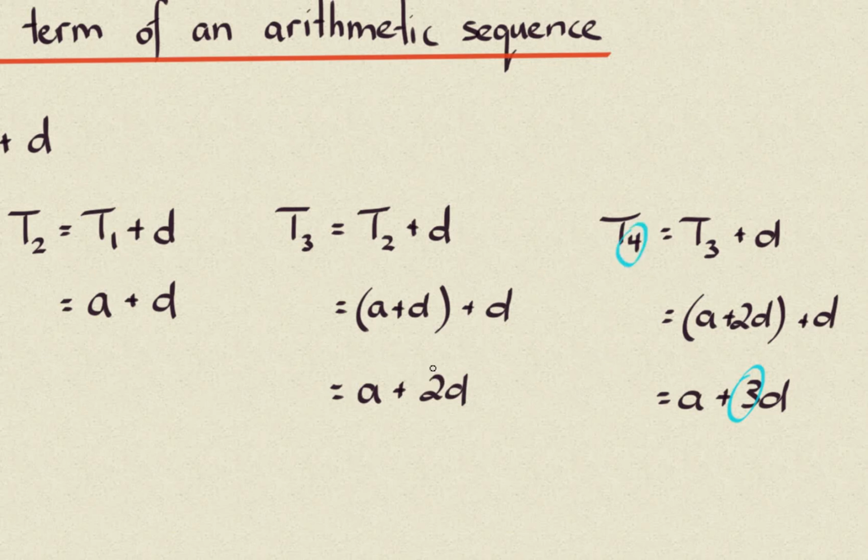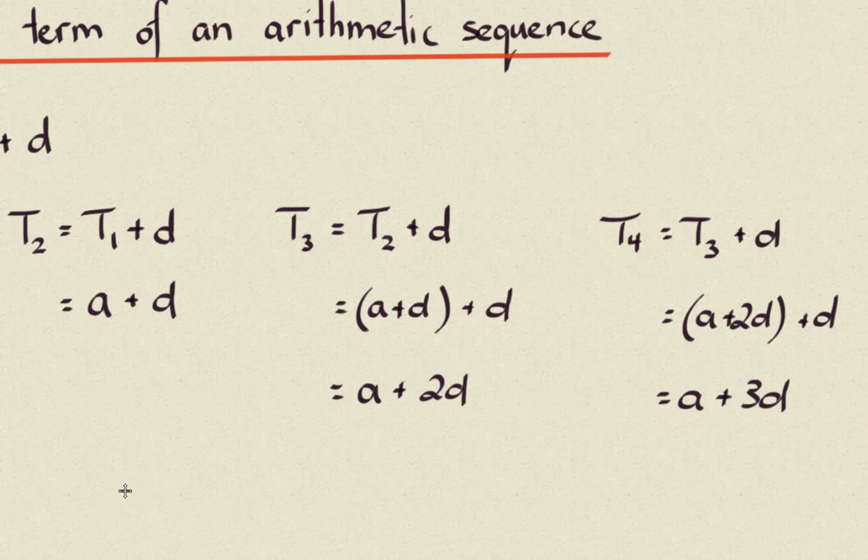Back in term 3, this number and this number. And likewise here we have 1 lot of D. How does that relate to the 2? Well, in each of these cases we can see that the number attached to the D is 1 less than the term number that we are up to.